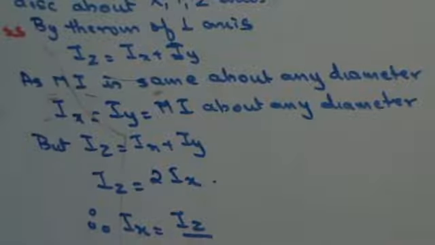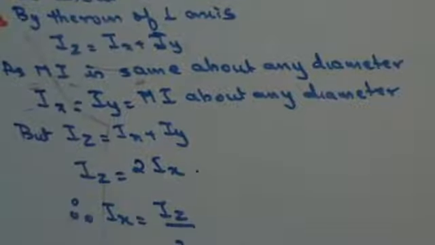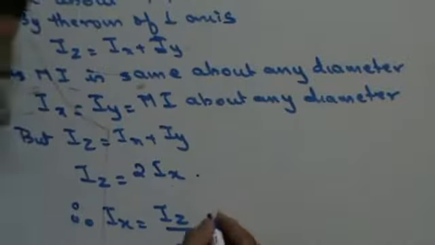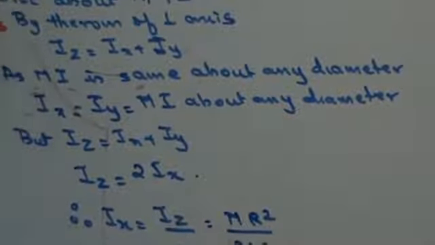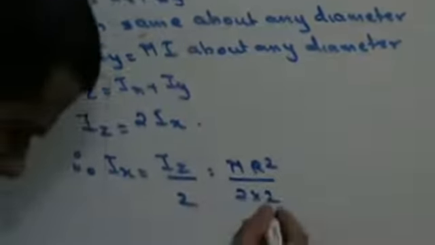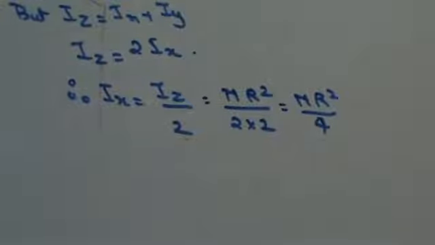The moment of inertia about an axis perpendicular to the disc and passing through the center, we found out, is mr square by 2. So this is mr square by 2 into 2, which is mr square by 4. So that will be the moment of inertia of the disc about an axis passing through the diameter.